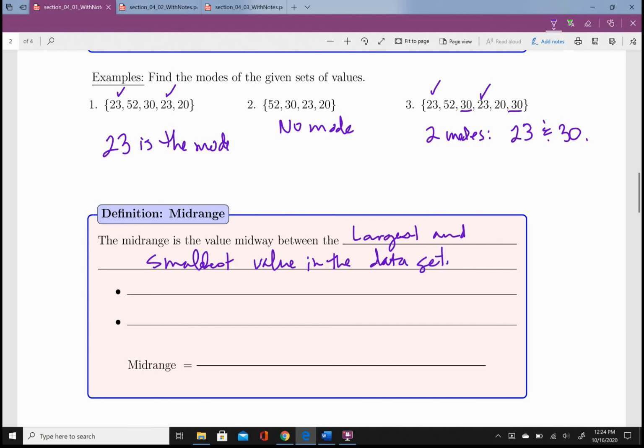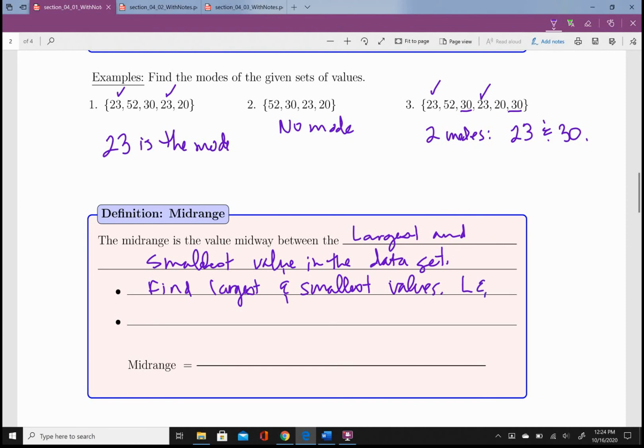So you have to know what your largest and smallest values are, and then take the average of them. So find the largest and smallest values.